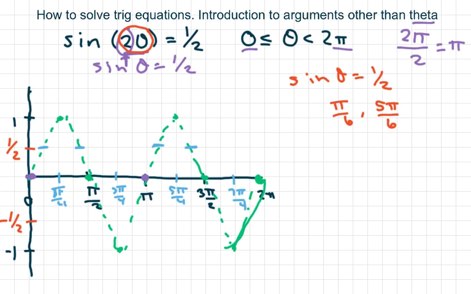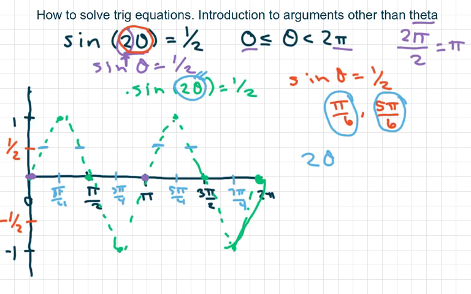So I'll write this again: my sine of 2 theta here, I want the 2 theta to equal pi over 6 or 5 pi over 6. So we want this to equal these two, so I set it equal.